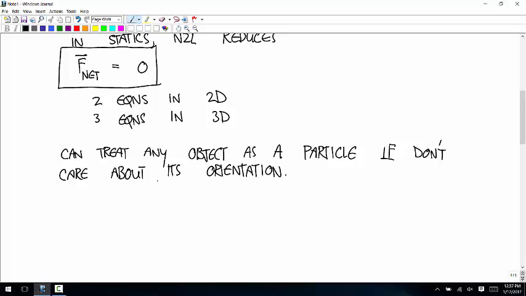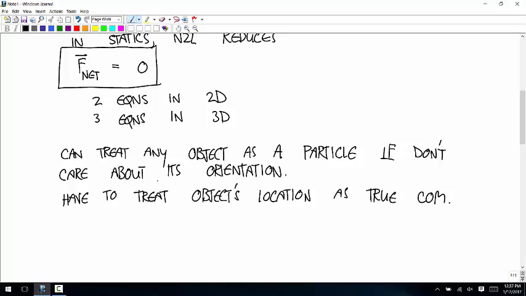If you don't do that, everything goes out of whack. So you have to treat the object's location as the object's true center of mass. So you can do particle physics with things of any size, any dimensions. Doesn't matter, as long as you don't care about the orientation, you can use this approach. You just have to track the center of mass of the object.